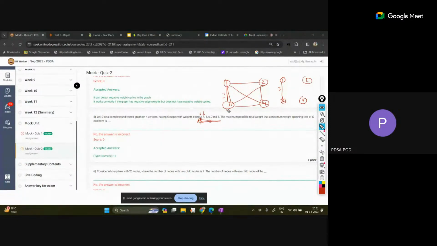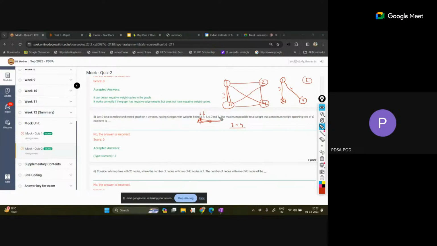Suppose this 4 comes between 2 and 4, or 1 and 2, or 3 and 4, or 1 and 4, any edge, it will definitely be selected. So 3 plus 4 will definitely come in the output.